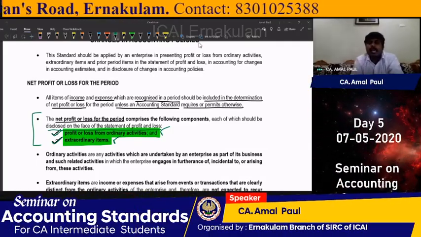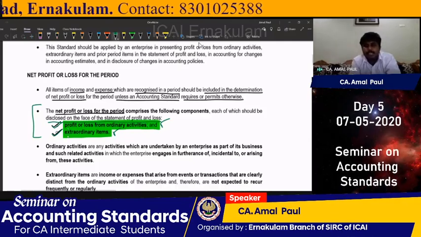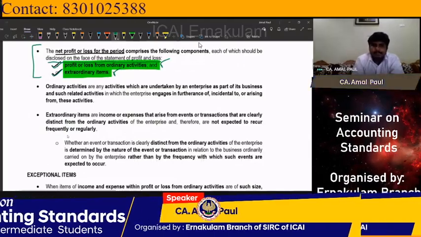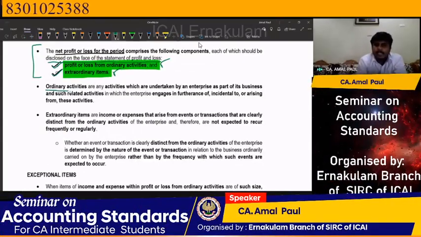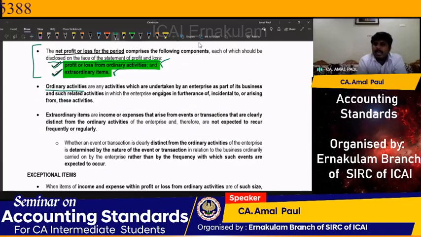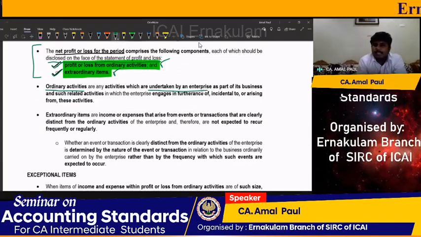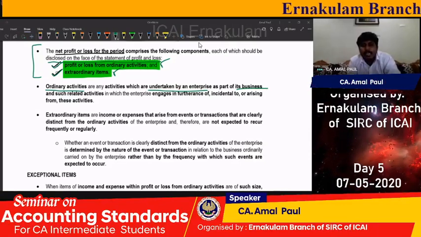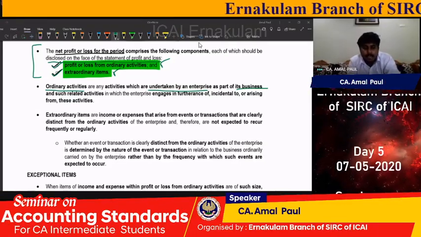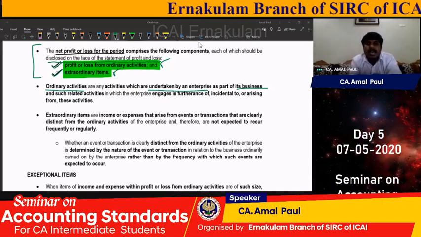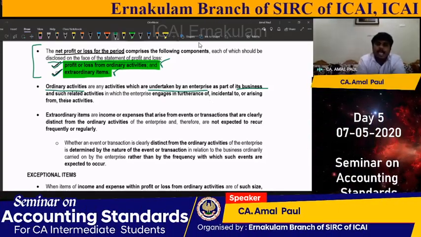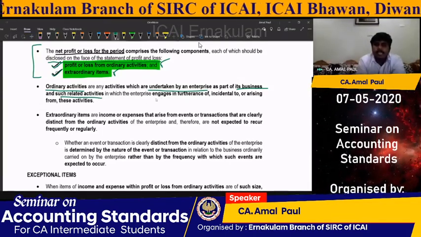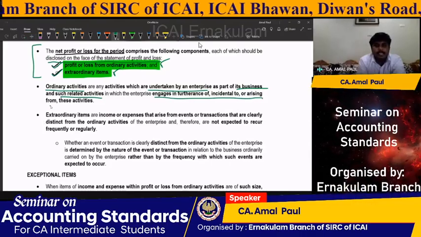Ordinary activities are activities undertaken by the enterprise as part of its business, and such related activities engaged in furtherance of, incidental to, or arising from this activity.